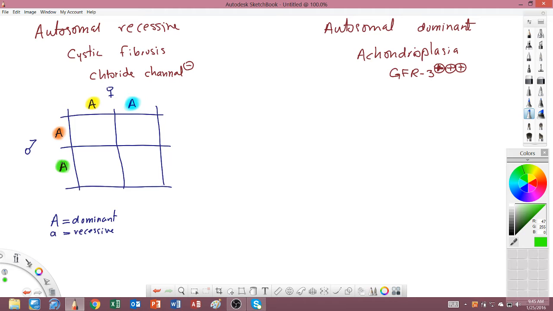Anyways, let's say first child, each square will represent one child, correct? Okay, the first child will get what type of gene? Yellow and orange. So orange from dad can combine with maternal yellow or blue. That's 2 different types. How about the second child?